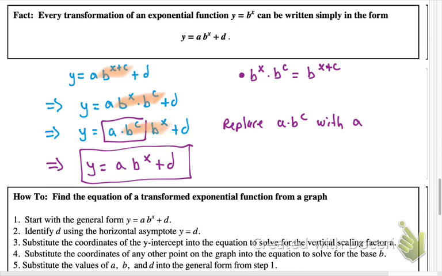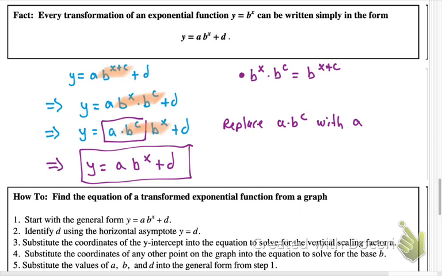B to the x times b to the c is also b to the c times b to the x. And then the constant a times b to the c can again be thought of just as a vertical scaling factor. It's okay to just replace a times b to the c with just a single value of a, and that gives us a much more simplified form of a transformation of the parent function b to the x.